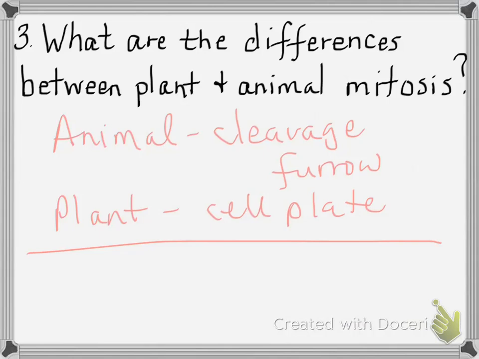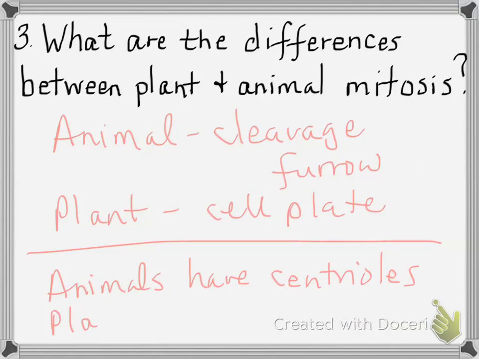And then the second thing was that only animals have centrioles. Plants do not. And guys, that's about it. Okay, so it's pretty similar, plants versus animals. That's just about it. How they divide their cytoplasm and whether they have centrioles or not, that's about it.